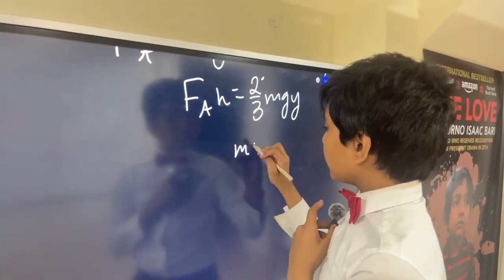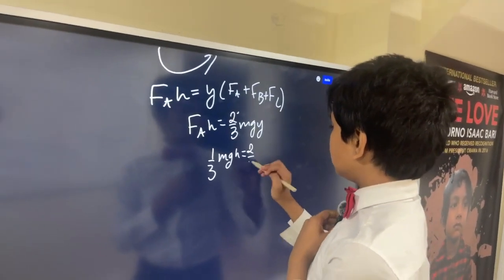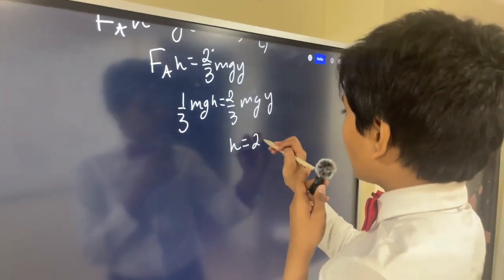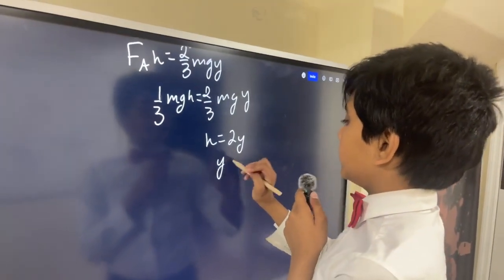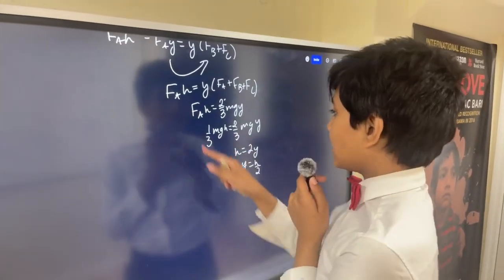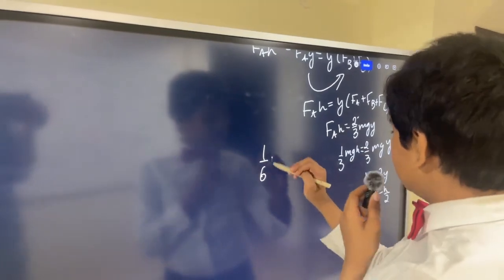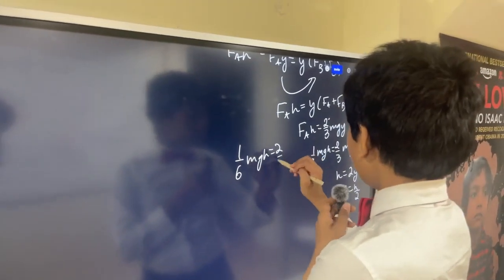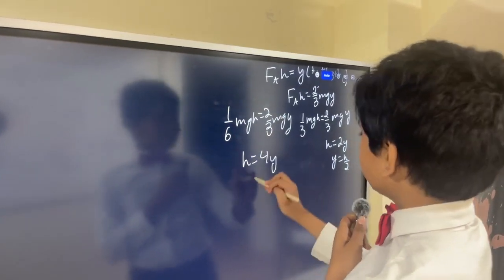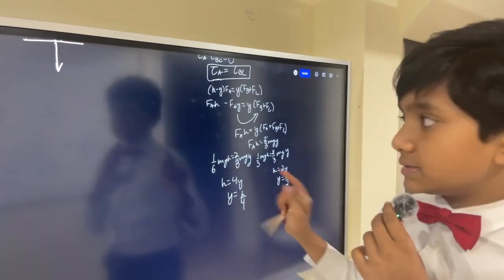So if we plug in 1/3 mg, h equals 2/3 mgy, it should be obvious that h has to be equal to 2y, or y must be h/2. And that's the maximum, because if we make FA smaller, let's say 1/6 mg, then what do we get? Well, we get h equals 4y, which means y is even smaller, h/4. So h/2 is the maximum y.